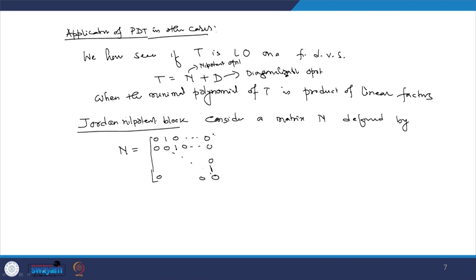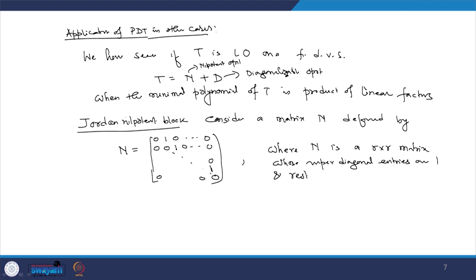So, I have defined a matrix like this. Consider a matrix N of say r cross r order, where N is an r cross r matrix whose superdiagonal entries are 1 and the rest are 0.